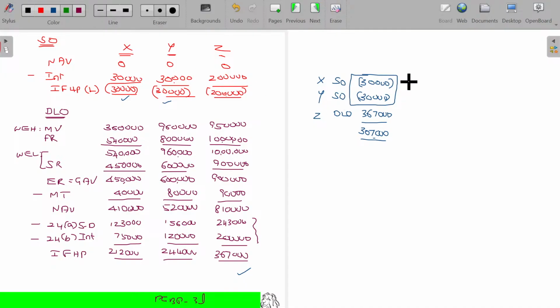Second case, I assume X being self-occupied, Y being deemed to be let out, and Z being self-occupied. I am shifting slightly: rather than Z being the deemed to be let out, I make Y the deemed to be let out. So in X case, 30,000 loss.